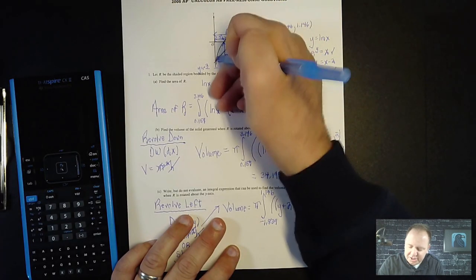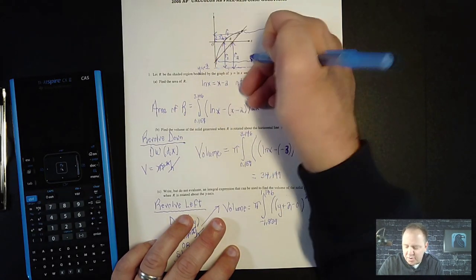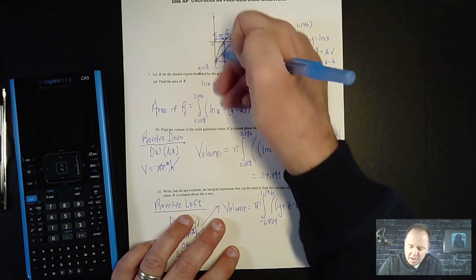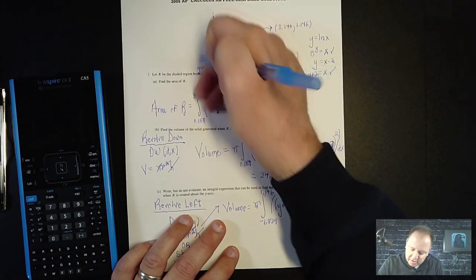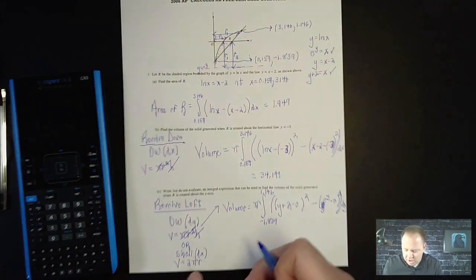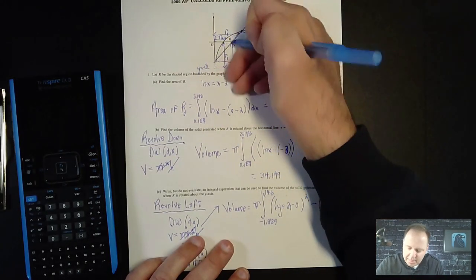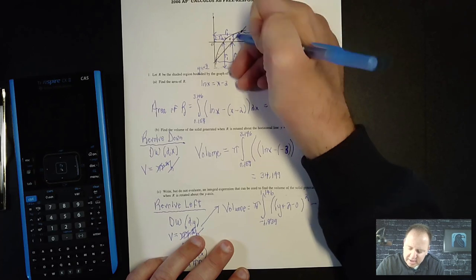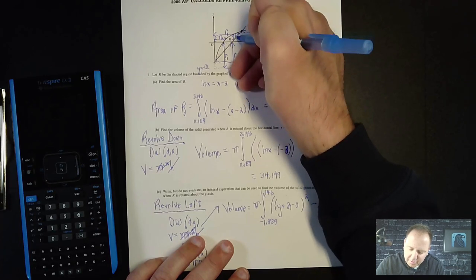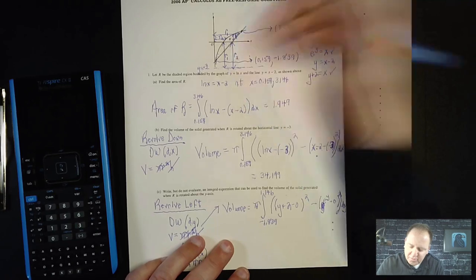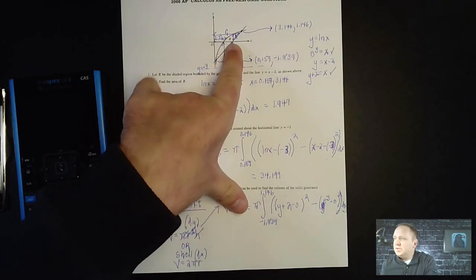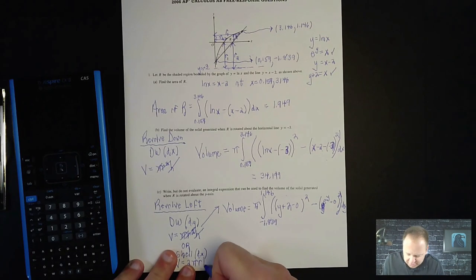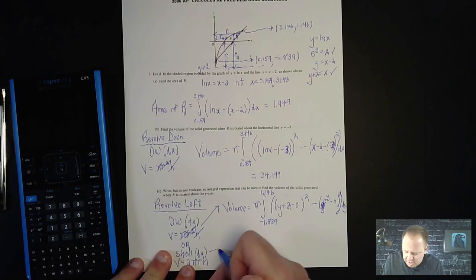So you're going to create a shell at some point from left to right, including these intersections, right, and in between. And you're going to be revolving and creating a shell with a height that goes from here to here, depending on where you're at along your x interval for your integral. So that would be your height. And again, I don't know if you've learned this or not, so 2 pi r h.